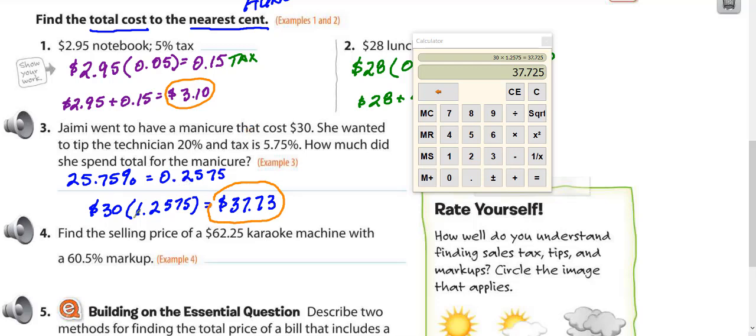All right, last one. Find the selling price of a karaoke machine with a 60.5% markup. So here's the markup, 60.5%, equals 0.605.